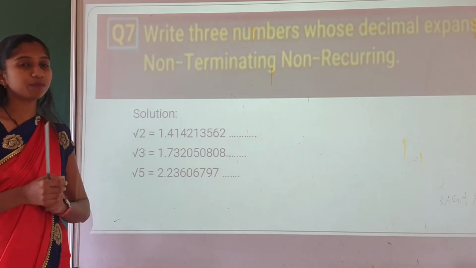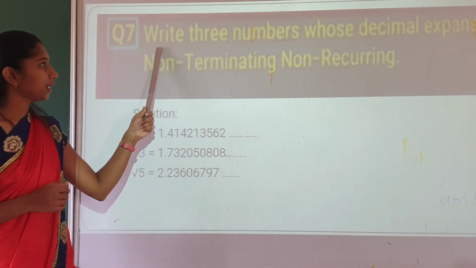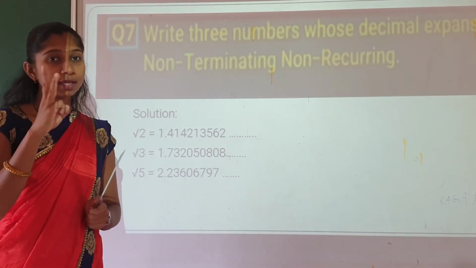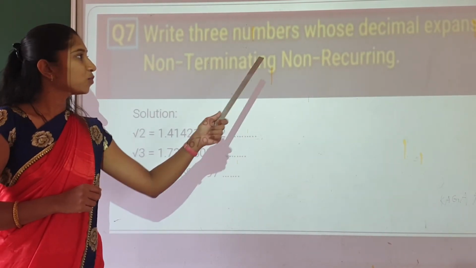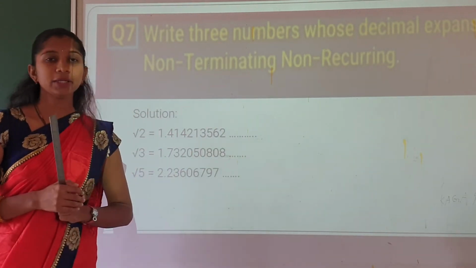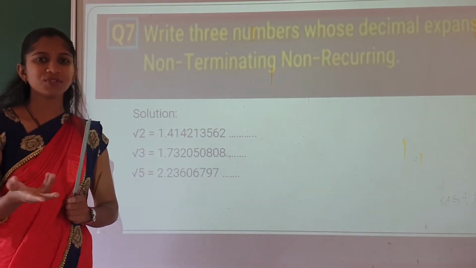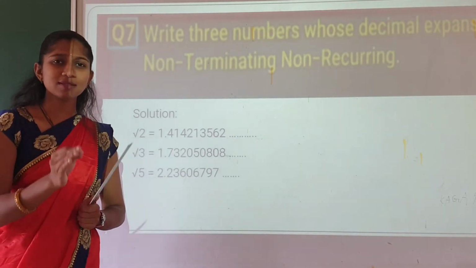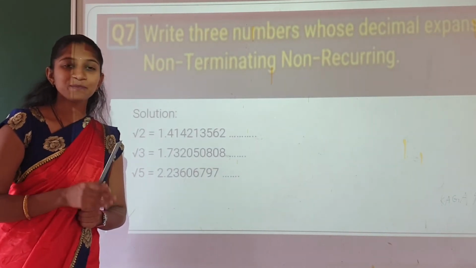Next, 7th problem. Write 3 numbers whose decimal expansion is non-terminating, non-recurring. You have understood easily. Non-terminating, non-recurring is what? This is an irrational number.